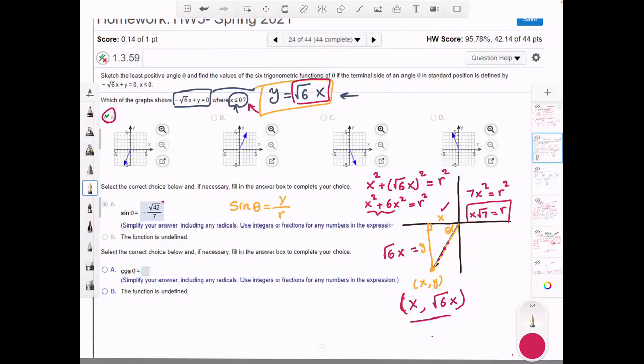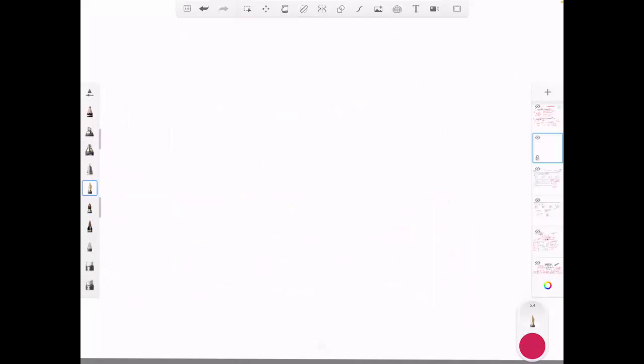Yeah, I'm still a little confused about it. So we have a line which is y equal to root 6x.